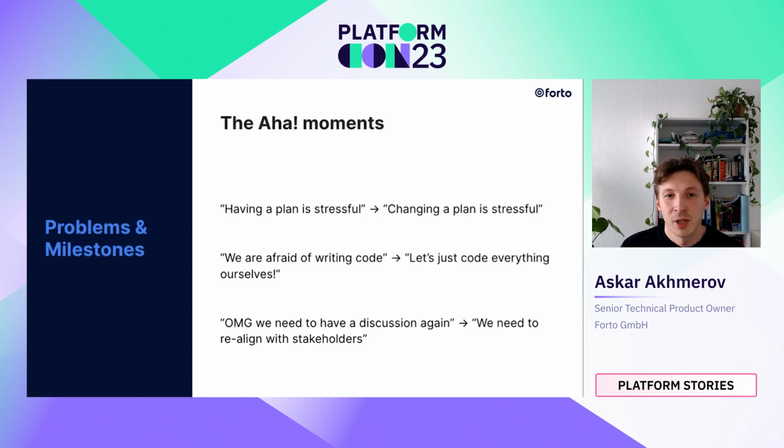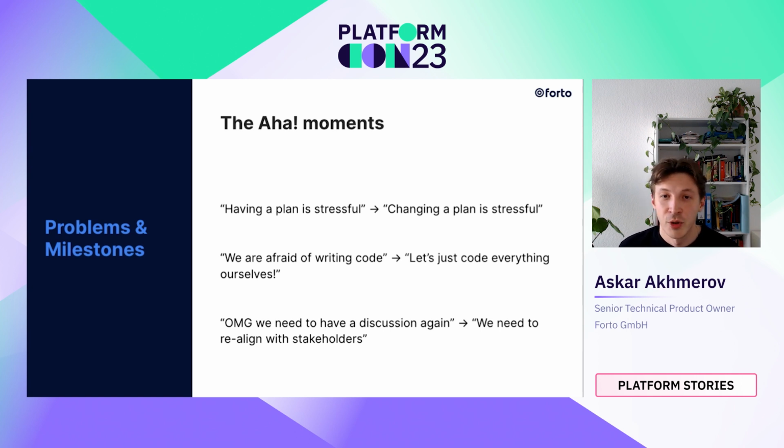Now let's talk a little bit about the problems and the milestones that I faced on that journey. We started from the point of time where the team didn't really have a clear overview of what is the plan and what are the main goals. So the curve to come up with a plan and make sure that there is a rolling progress on it was very, very steep.